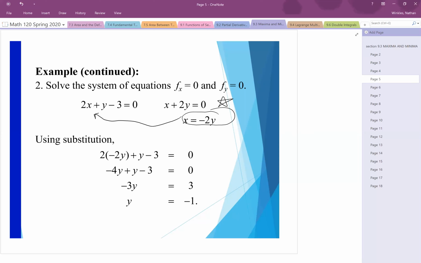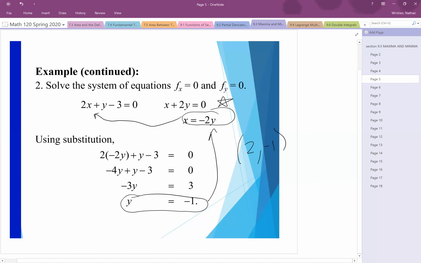So minus 4y plus y minus 3 equals 0. Combining like terms and adding 3 across, we get minus 3y equals 3. So y equals negative 1. Since we know what y equals, we can plug it back in, and we'll have the point (2, negative 1).